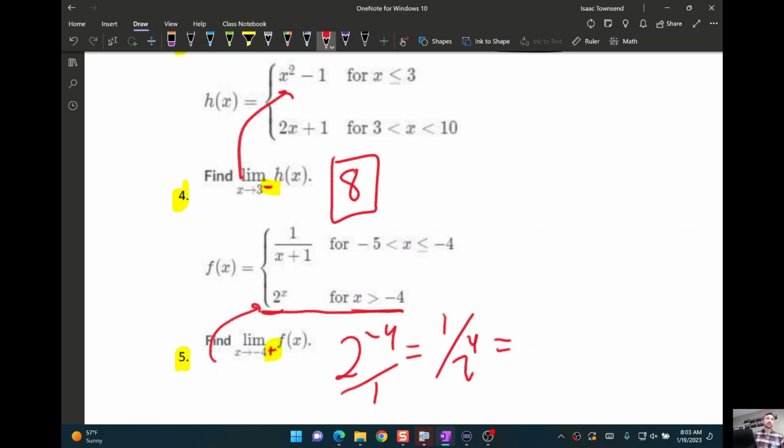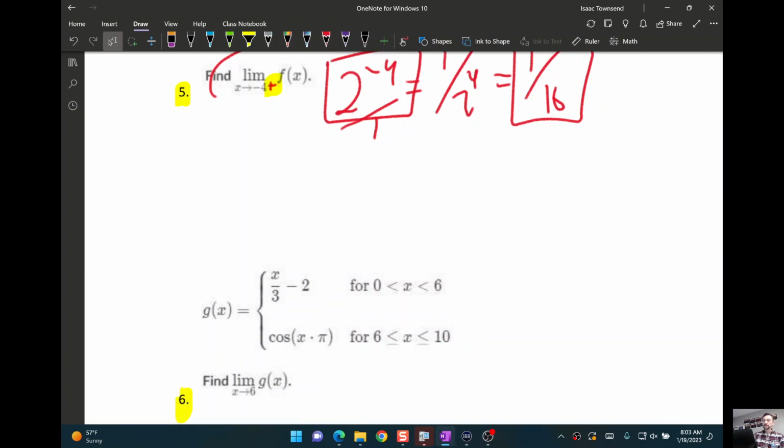In calculus it is important because our AP exam is multiple choice and free response, so if you never do that, then you never see your answer as multiple choice because they're always going to do that. And 2 to the 4th just means 2 times 2 times 2 times 2, which I believe should be 16. So 1/16. Or if you just left it as 2 to the negative 4, that's okay too.